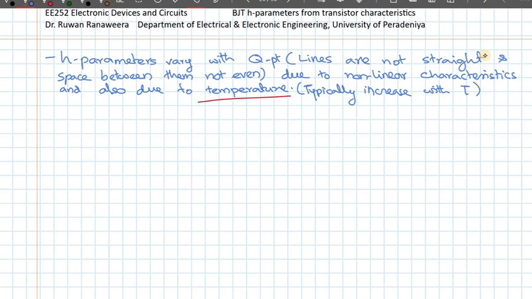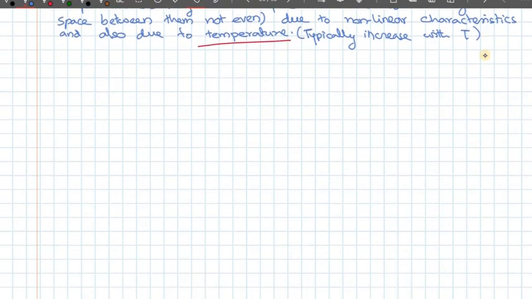Let me take a sample small signal transistor and list values. Obviously, if you have a different transistor, these values are going to be different, but these are just for your information, some typical values of parameters.